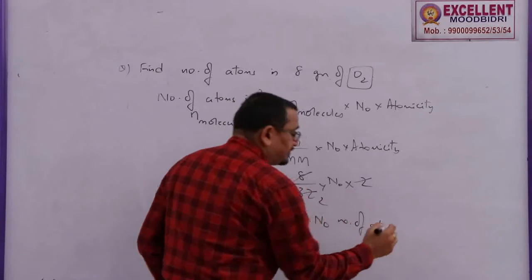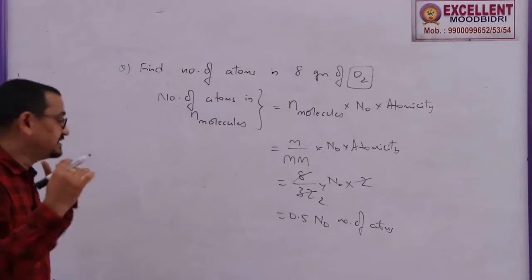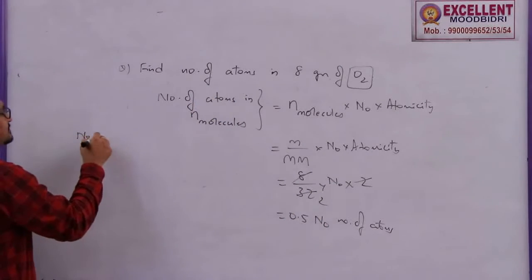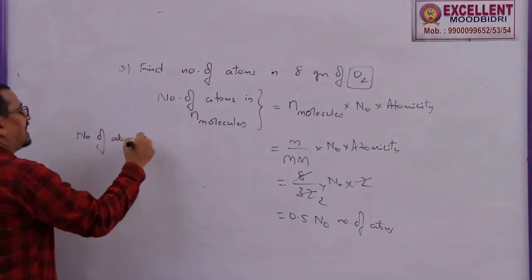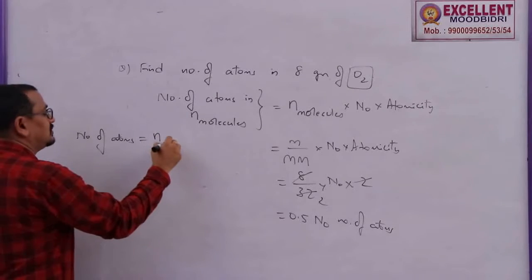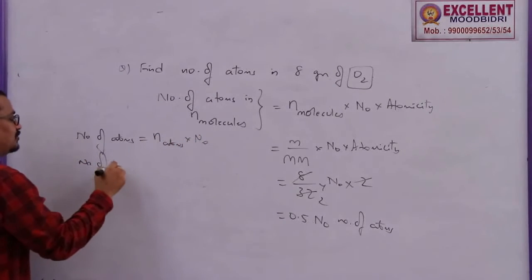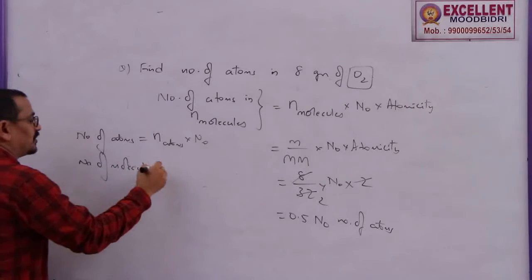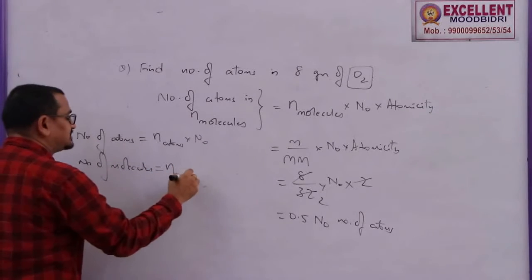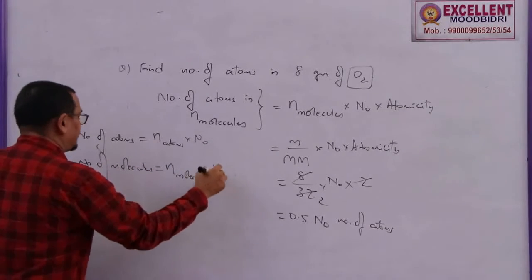So what are the relations we did earlier? Number of atoms we calculated as number of moles of atoms into Avogadro number. Number of molecules we calculated as number of moles of molecules into Avogadro number.